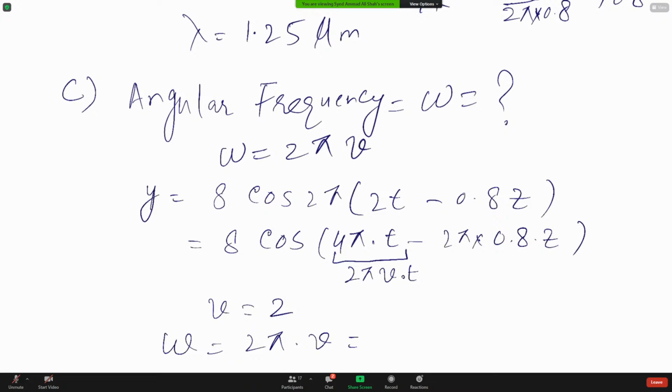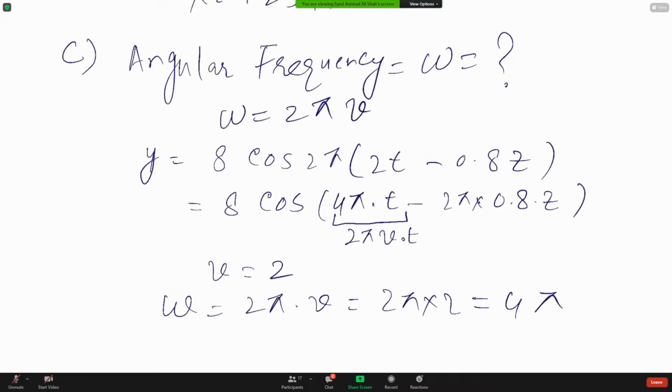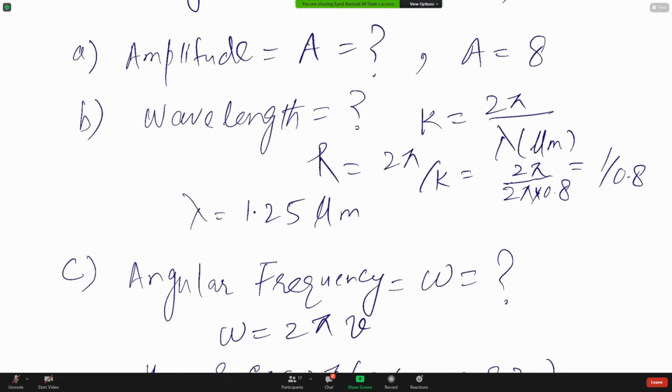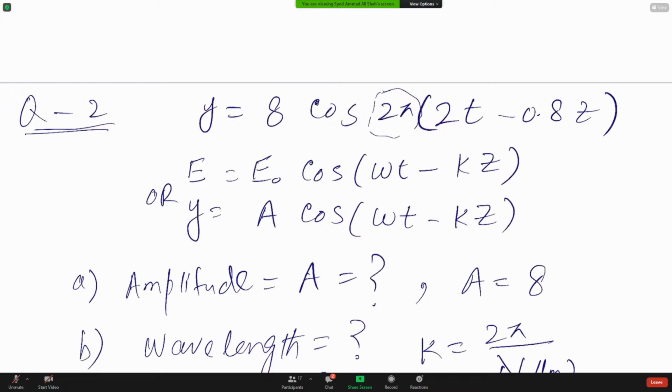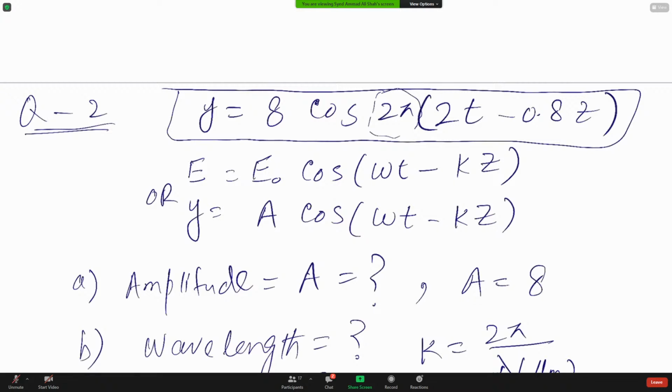Something in chat: why won't omega just be 4 pi? Yeah, so basically we are following this generalized expression, E is equal to E naught cos omega t, and omega is 2 pi nu. Then we equate this expression with the given one, and we saw that we have not omega t but 2t.